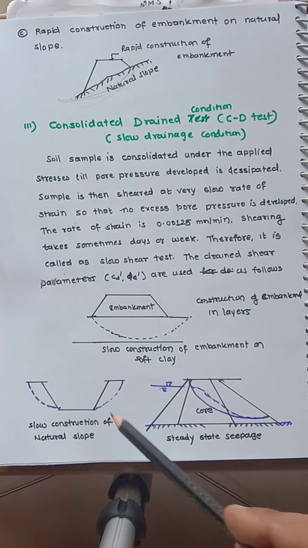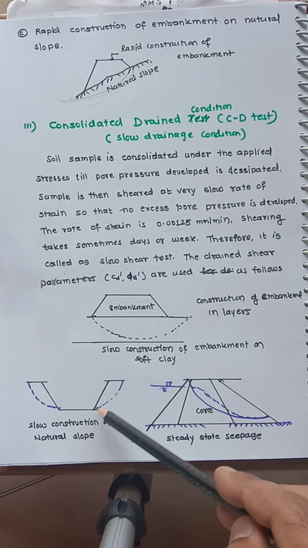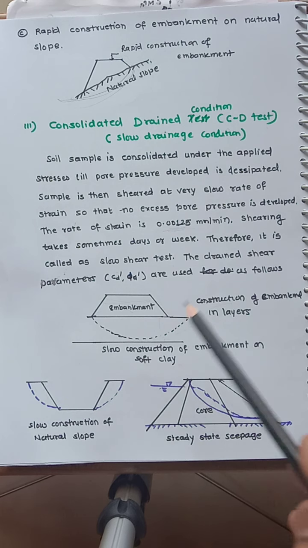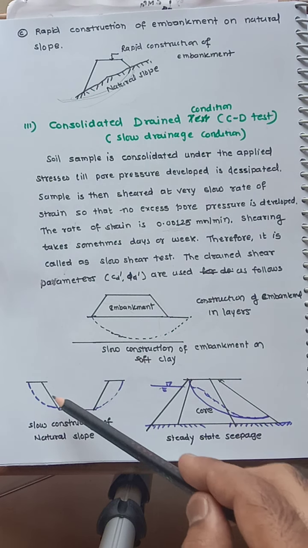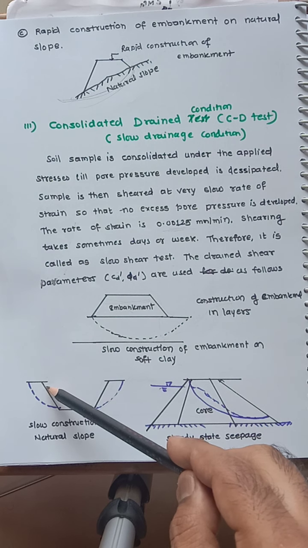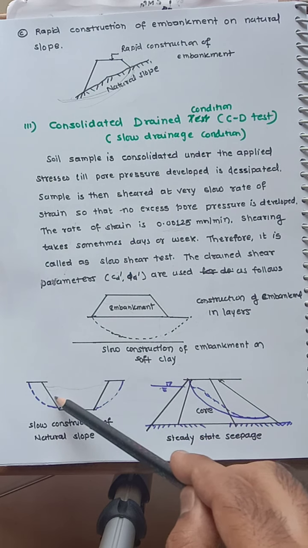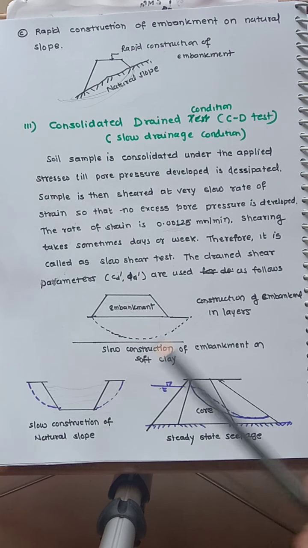Or an excavation, maybe an excavation in a natural slope, maybe used for canals. The excavation is done in layers from top to bottom, very slowly, so no failure takes place. Then steady state seepage.